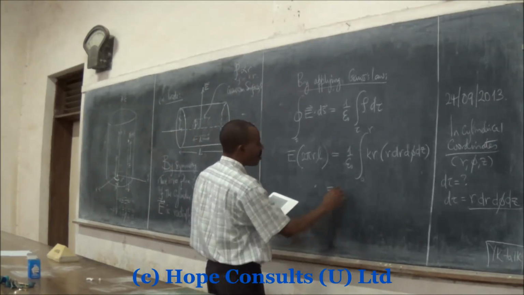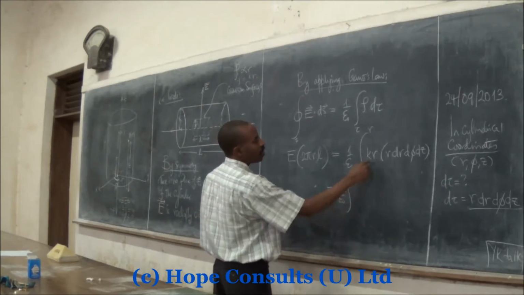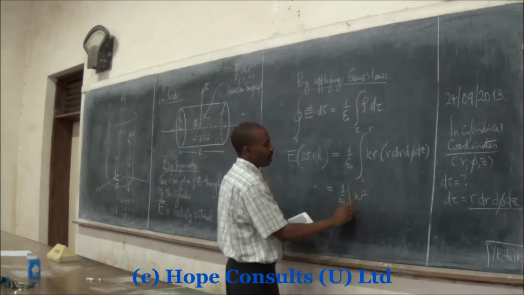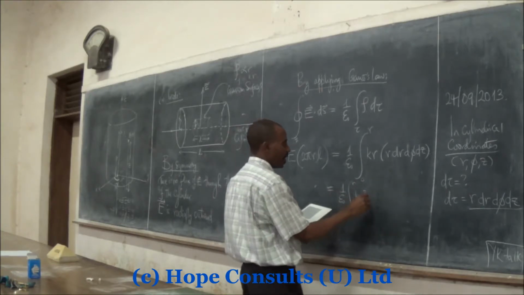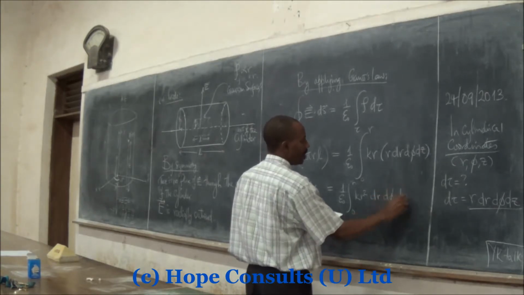So this would be the same as 1 over epsilon naught. Now I don't have much to say. This would be k r squared, from 0 to R, and then I have a dr, a d phi, and a dz.